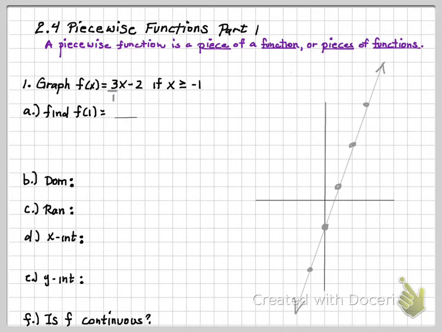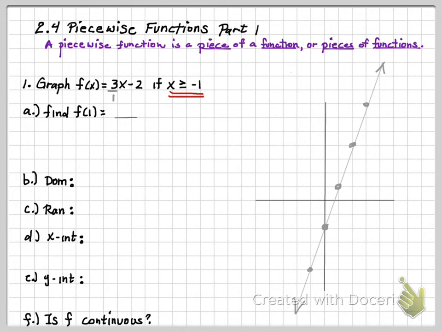And now what I'm going to do is apply this restriction. Alright, and the restriction is this right here. We want the graph only where x is greater than or equal to negative 1. So where all the x values are greater than or equal to negative 1.